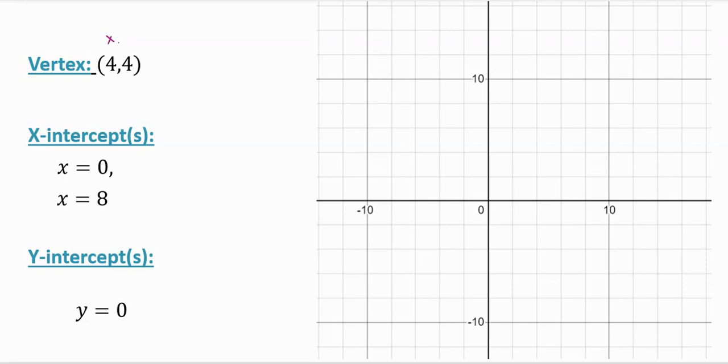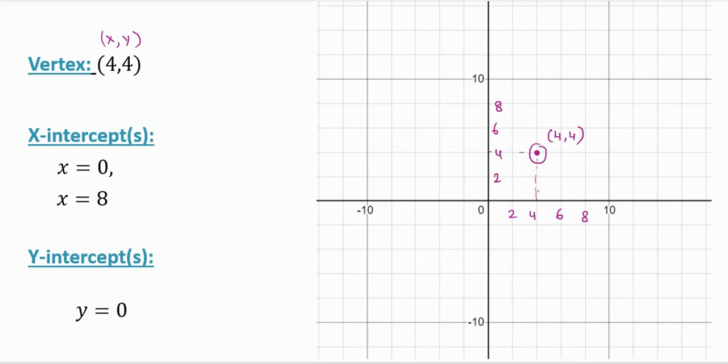It means x is 4 and y is also 4. So this is 2, 4, 6, 8 and 10, and here also 2, 4, 6, 8 and 10. So x is 4 is this one and y is 4 here. So this is your point (4, 4).